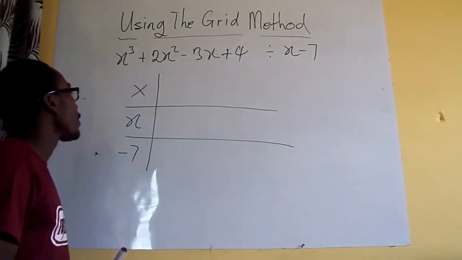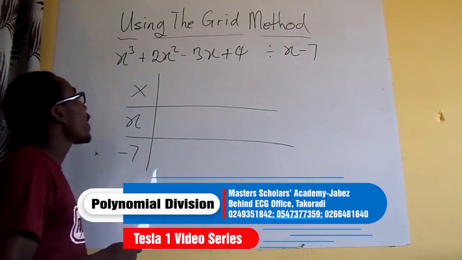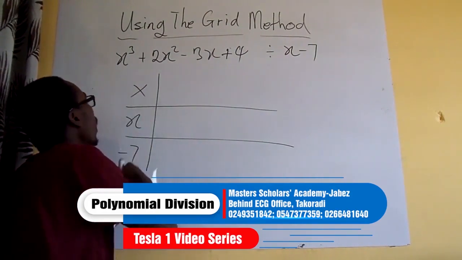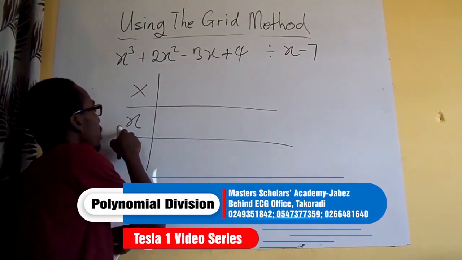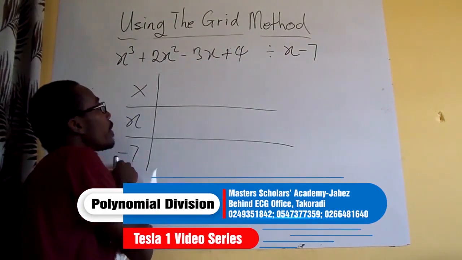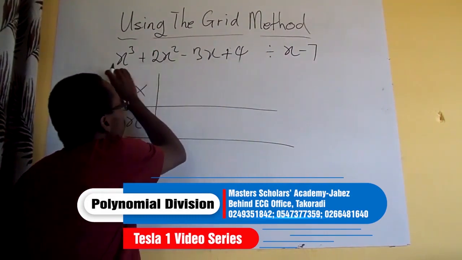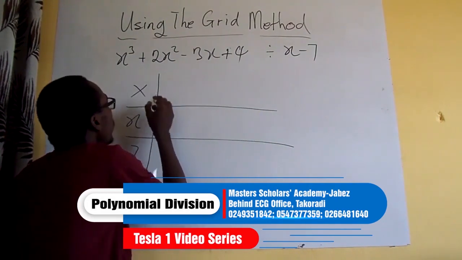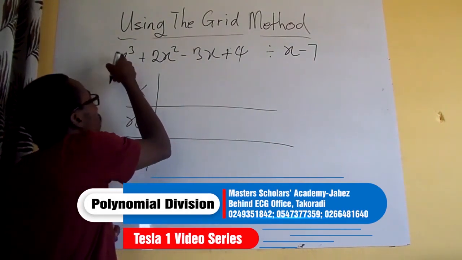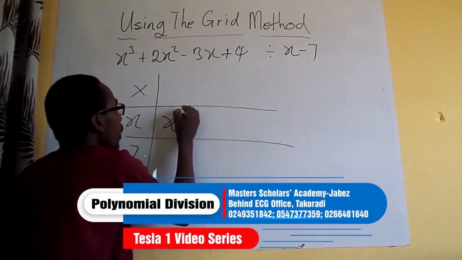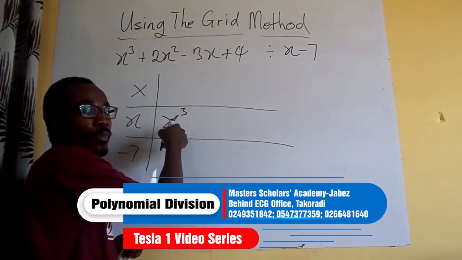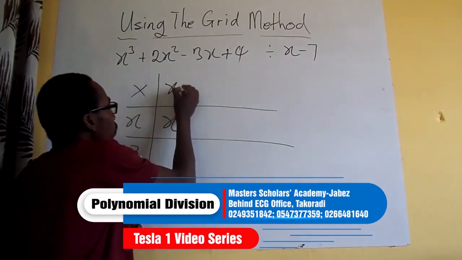With regards to the grid method, as I said, you put your x and then minus 7 here, and then your dividend will come here. We first of all start with x to the power 3, x cubed, and that is x squared.